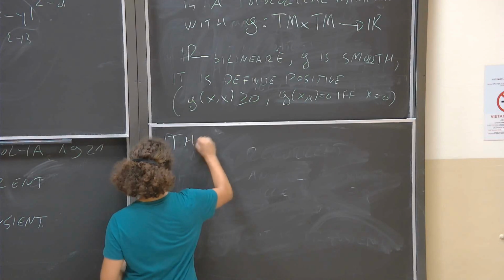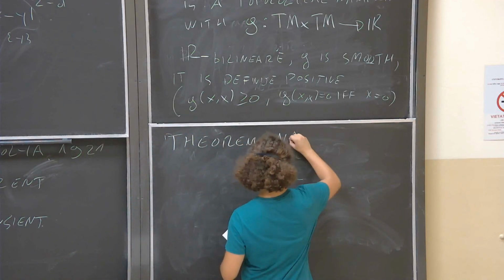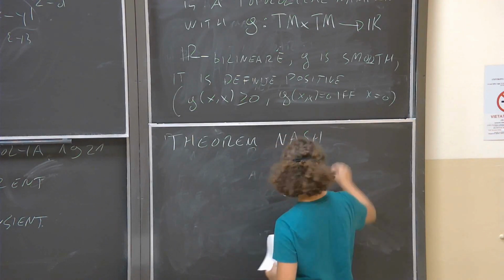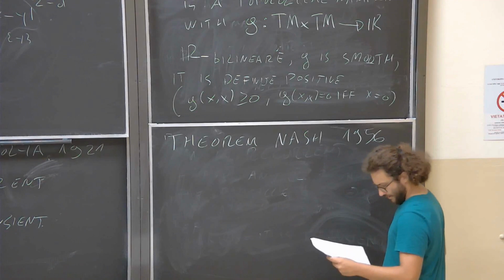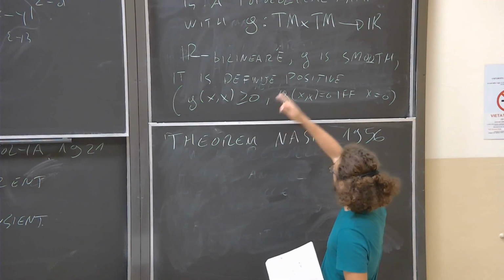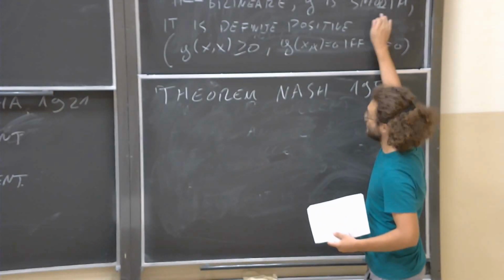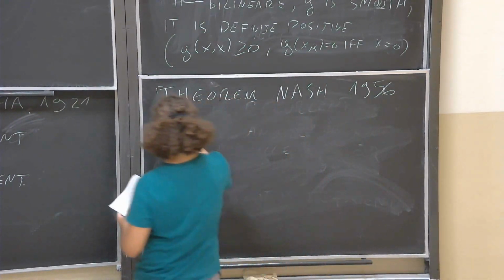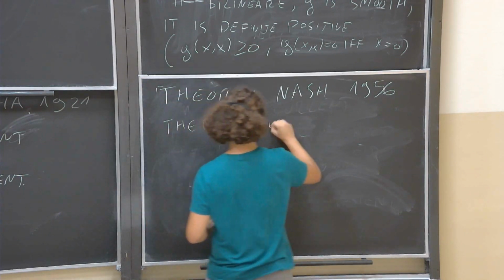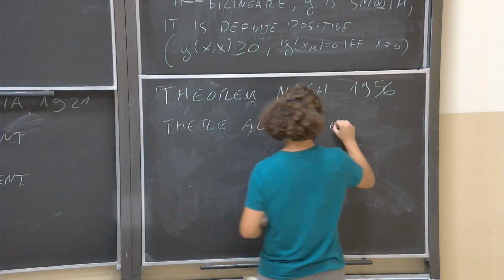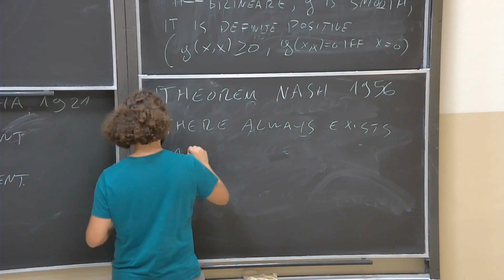The content of this theorem is Nash's theorem, and in this form it was proved in 1956. The point is this: with this abstract definition of a smooth Riemannian manifold, because everything is smooth at this point, there always exists an isometric embedding.